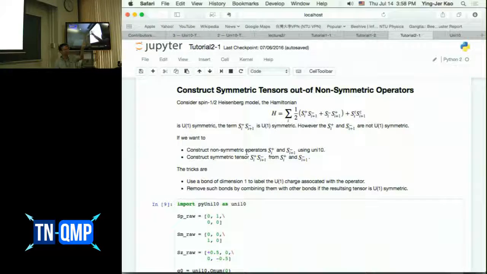I construct a 2x2 matrix without the symmetry, and then use that to construct a symmetric tensor. If the operation is done properly, only the symmetric blocks will have elements, and that's really what we need.